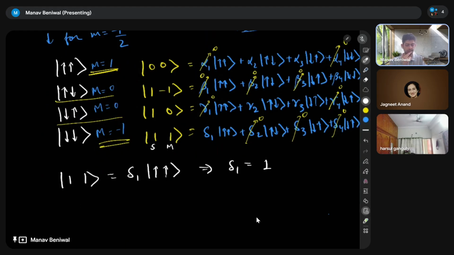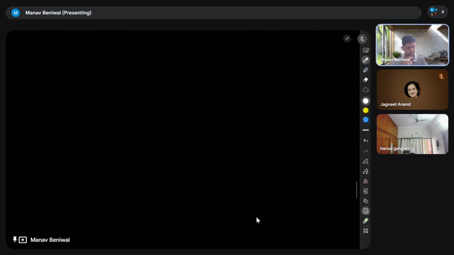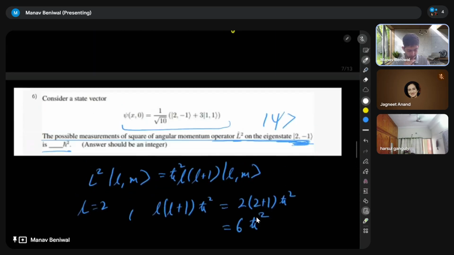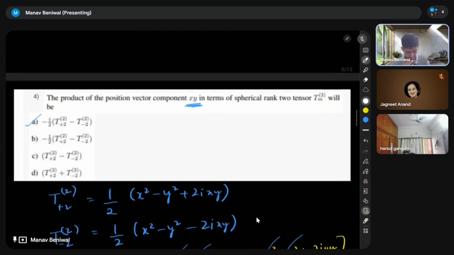This is a very simple example, but even if you take a complex example, you'll realize there is only one possibility of attaining that maximum weight. So the Clebsch-Gordan coefficient of the maximum weight is always 1. For example, today we solved one problem, where we had problem 3. Yeah, here.